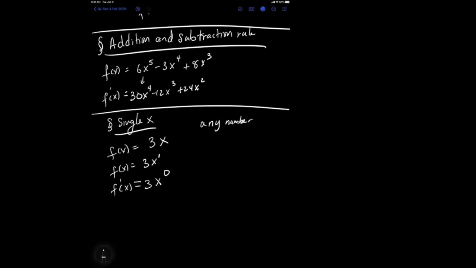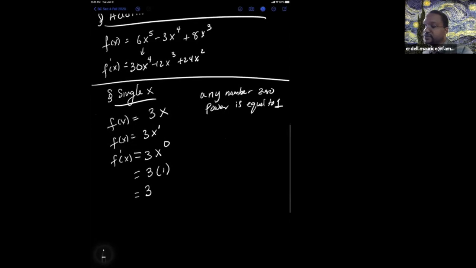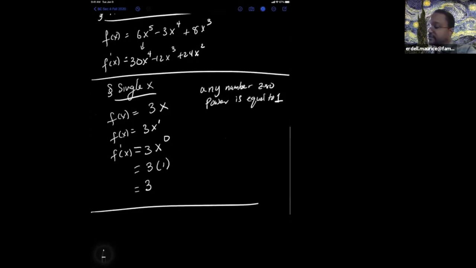Any number raised to the 0 power is equal to 1. This is one of the facts that you need to remember in life. So this is literally 3 multiplied by 1, which simplifies to just 3. And so the rule is, if you have a single x, you just simply drop the x to take the derivative. See how this was 3x?